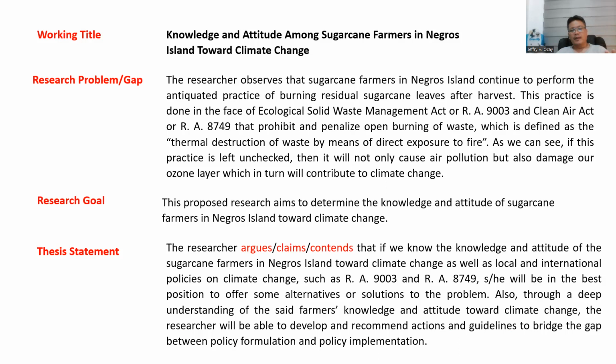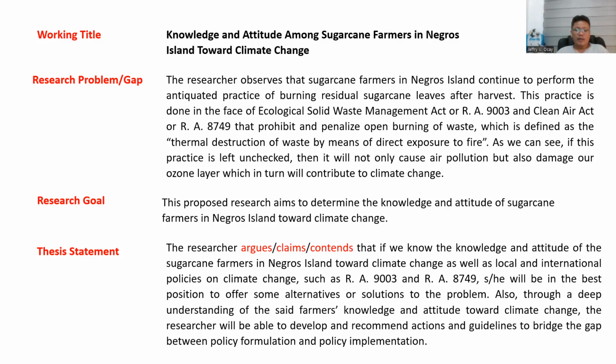By the way, this is part of our discussion on problem formulation, or how to identify or how to formulate the research problem. So this is a one-page research problem or research gap, but as you notice, it includes the research goal and the thesis statement.